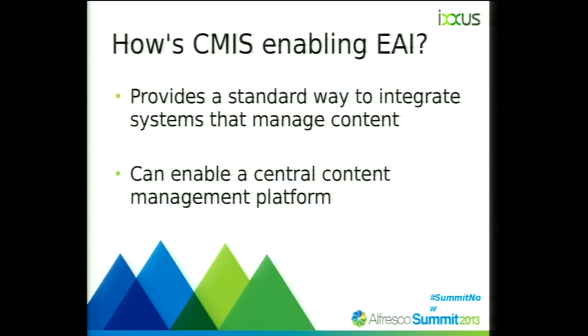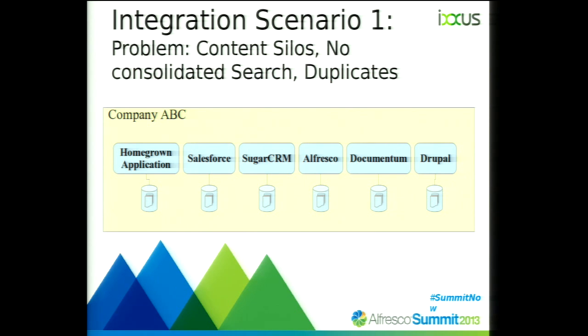So what we want, in the long run, is to enable a central storage, which is the master of all content. That makes it easier to search and get to the information. It's not duplicated. We're not creating new duplicated operations in different systems. So let's look at some scenarios. This is probably a very common scenario.